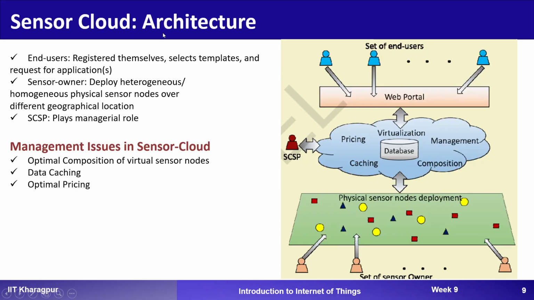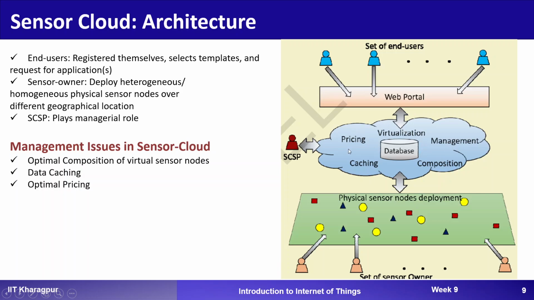Now this is the architecture of your sensor cloud. Here we have a set of end users who are going to use the data of your physical sensors with the help of a web portal or interface. And here is your SCSP, which is responsible for managing all the activities going on in your sensor cloud, such as pricing, caching, composition, management and virtualization.